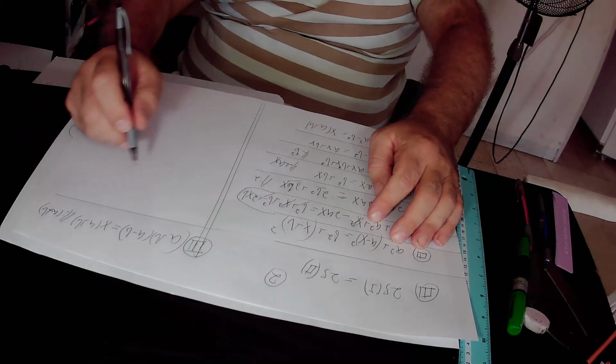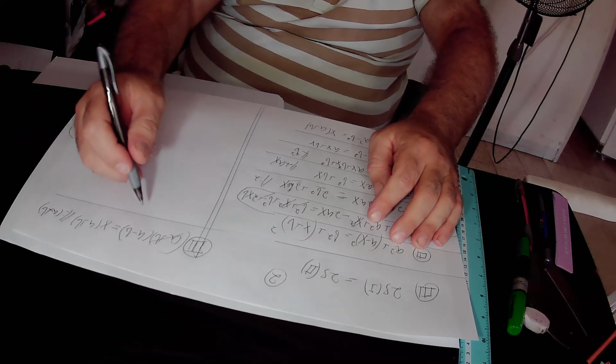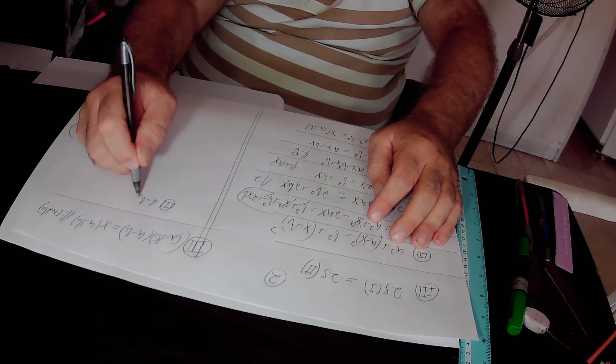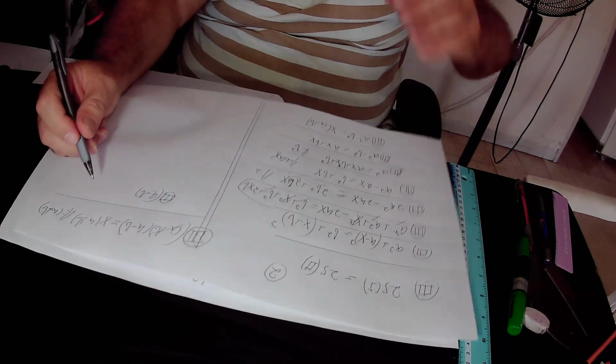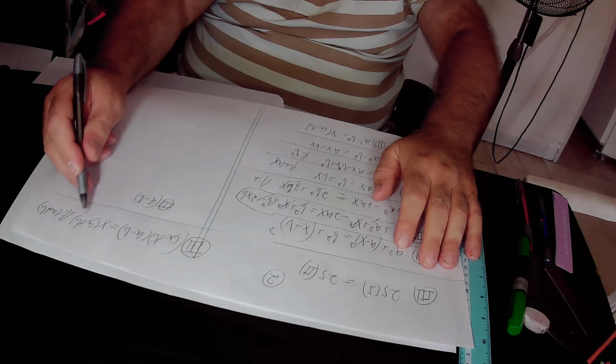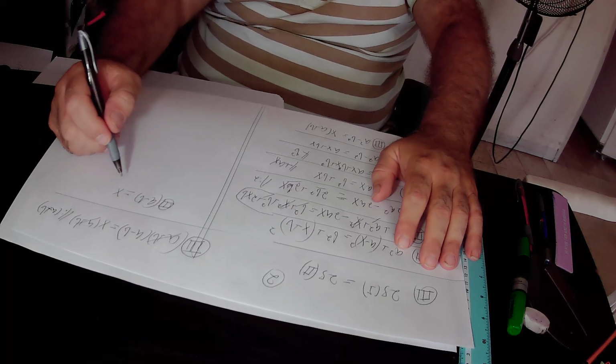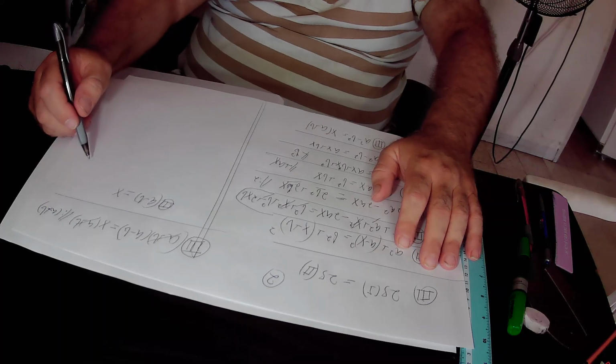We get that here a plus b will get cancelled, and we are left only with a minus b. On the other side of this equation 3 we have a plus b, which also gets cancelled, and we are left only with x. So according to equation 3, we should find out that a minus b equals x.